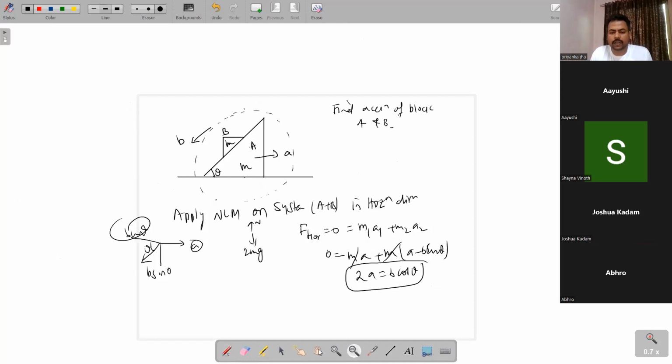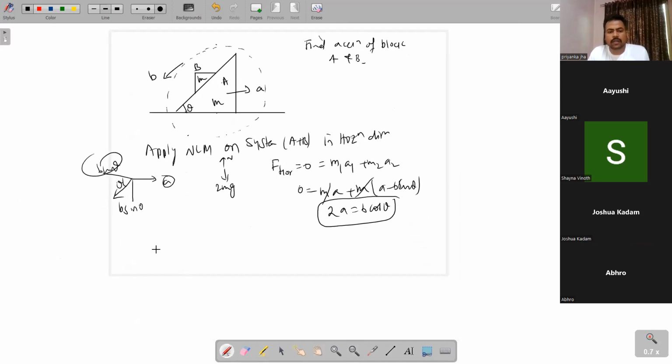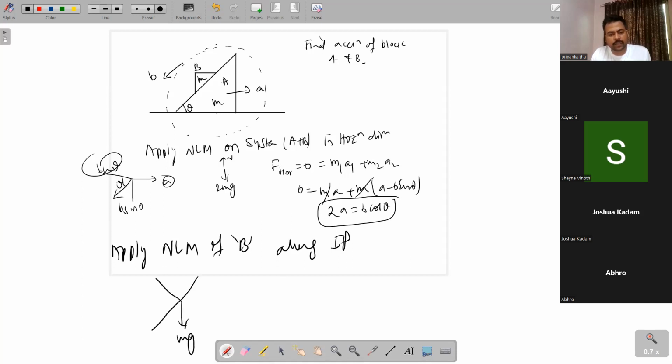See how? I'll just apply NLM on block B along the inclined plane. This is mg, this is the normal, this is acceleration A, and this is acceleration B. So mg will have this component, that is mg sin theta, and because we are considering motion along the inclined plane, this force is responsible for that.